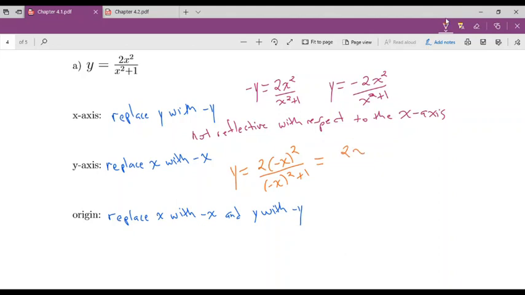So I could simplify this to 2x squared over x squared plus 1, and this is the very same thing as this. So these are the same. Therefore, since they're the same, it is reflective with respect to the y-axis.